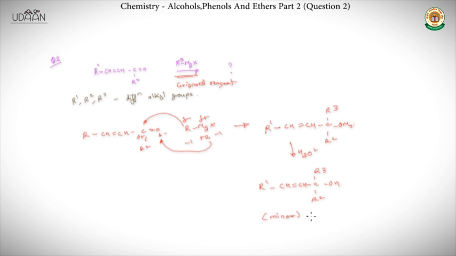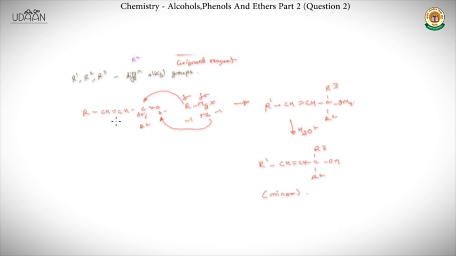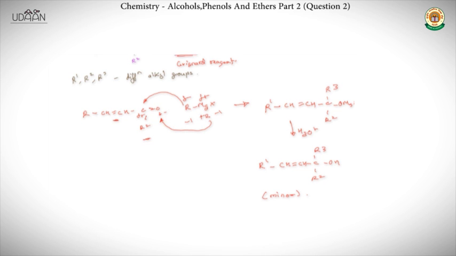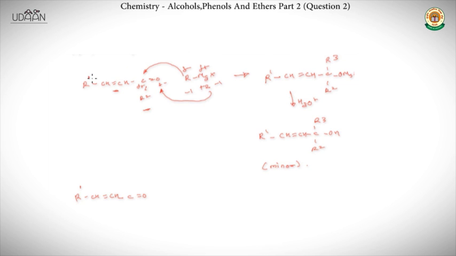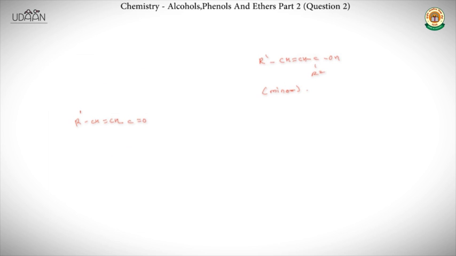So don't be surprised, because here we have a double bond also in conjugation with the C=O. This is the whole reason we are getting one more product, and I will explain why that product is more stable or why it is formed. The other product is like this: when RCH=CH, this one was R1, R2.